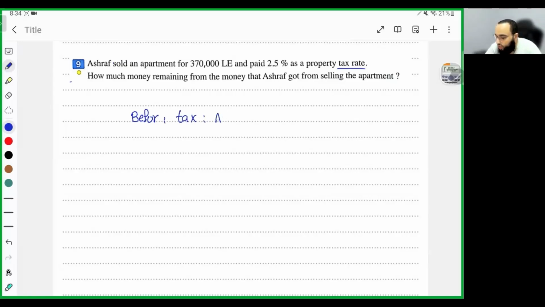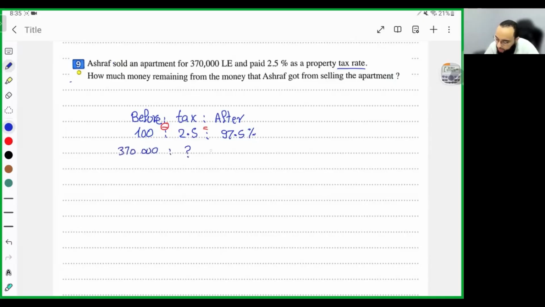In this question, you are subtracting. This is 100 and this is 2.5. Subtract them, then it's 97.5. Correct?